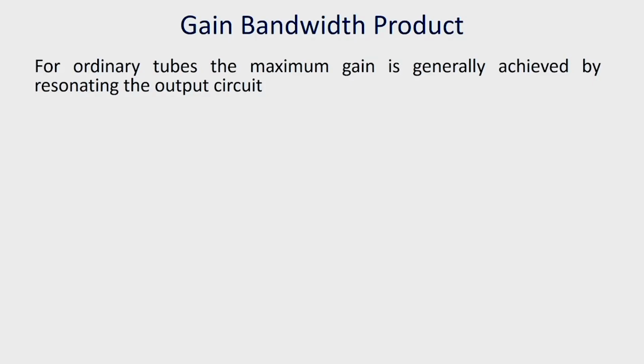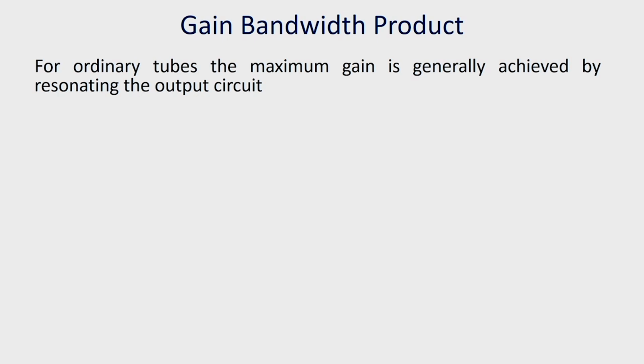Conventional tubes have another limitation in the form of gain bandwidth product. For ordinary tubes, the maximum gain is generally achieved by resonating the output circuit.